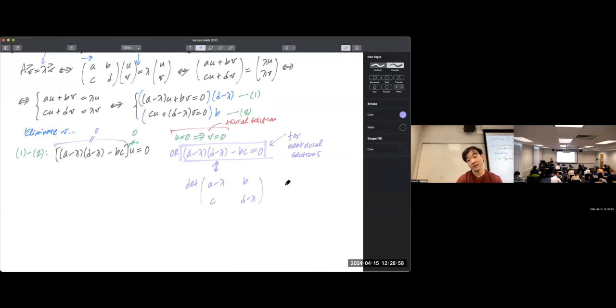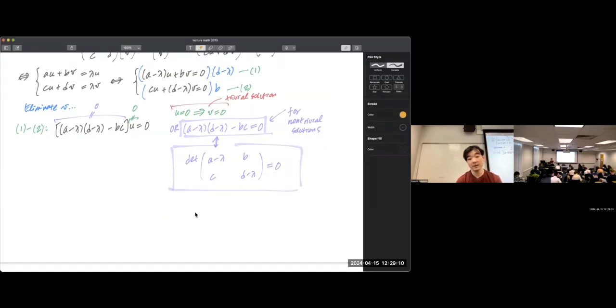So people write it this way. And another way people also write this is like this, which is the determinant of A minus lambda I, and I is the identity matrix.